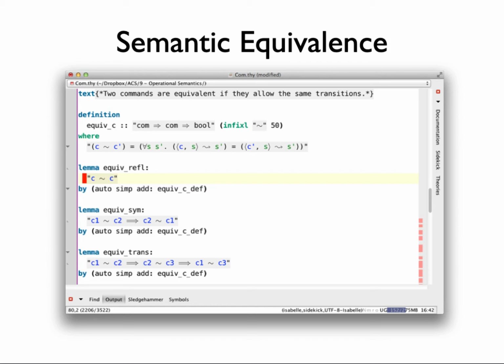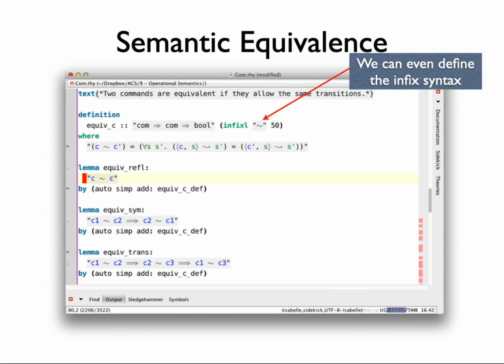So now to continue, we're going to talk about the notion of semantic equivalence, done on a very simple-minded level. We define two commands to be equivalent provided they always give you the same outcome for all possible states.